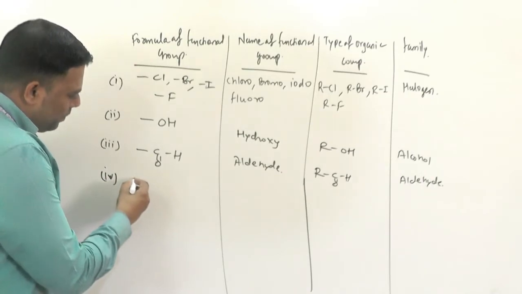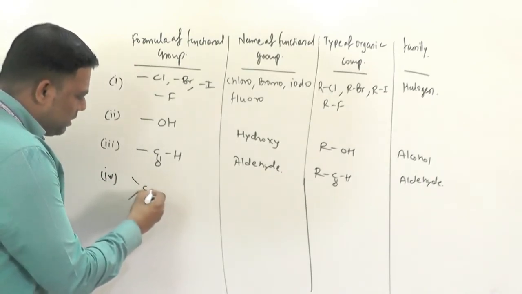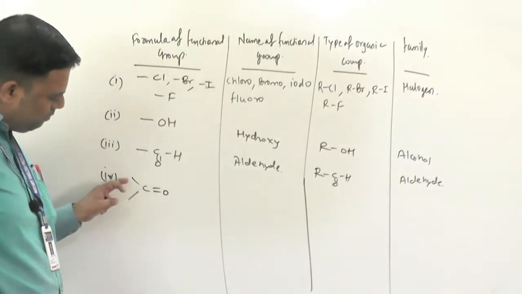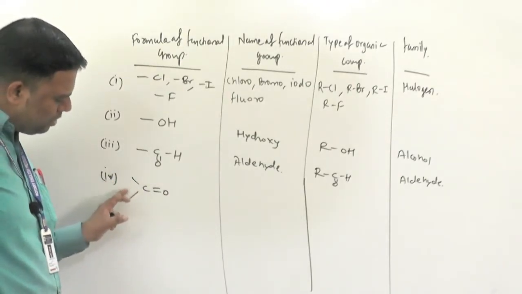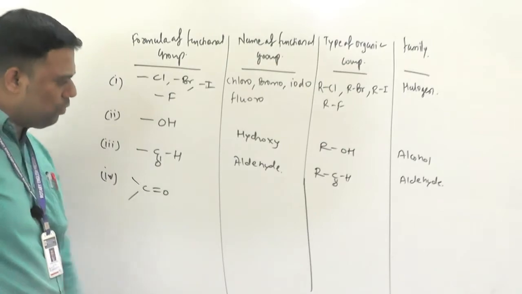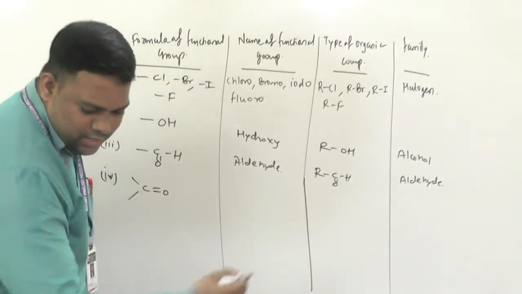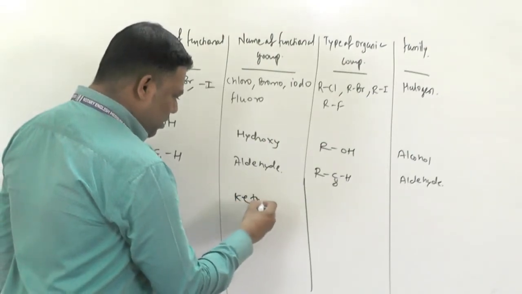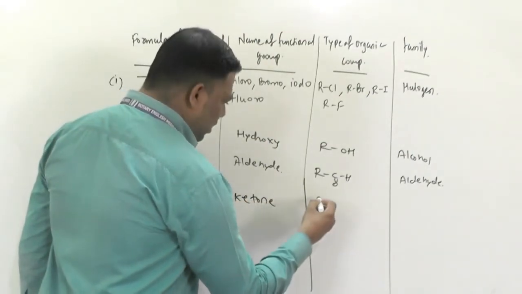Now see the fourth one, with a linkage like this: two bonds here and C double bond O. We call it ketone.